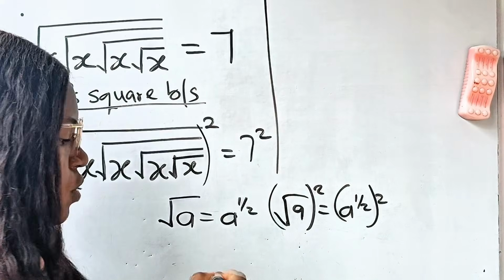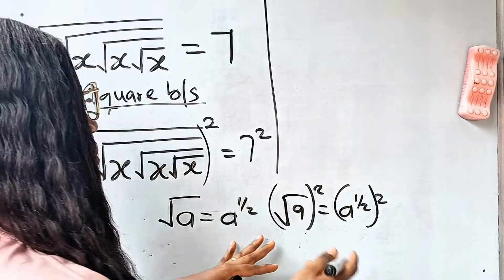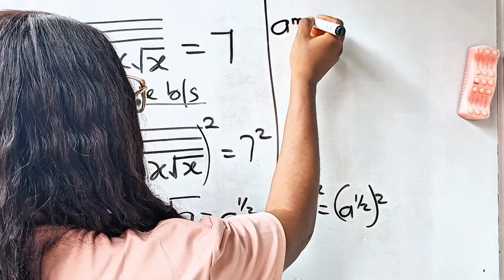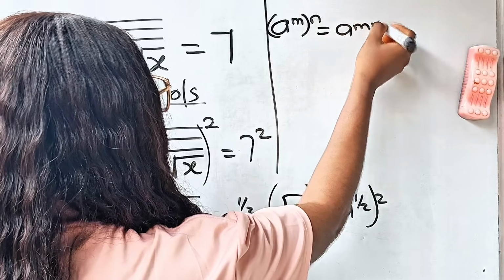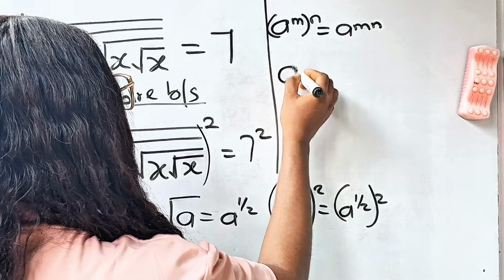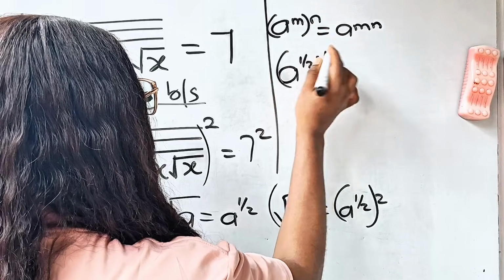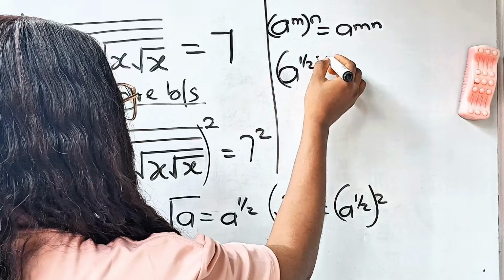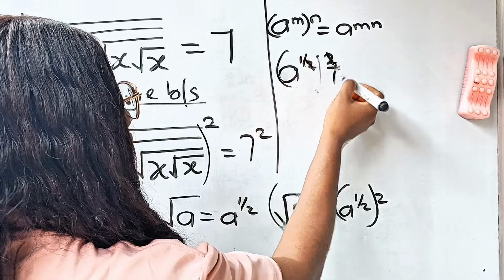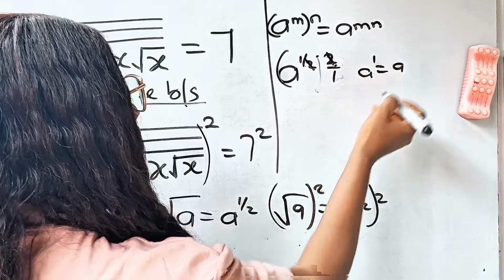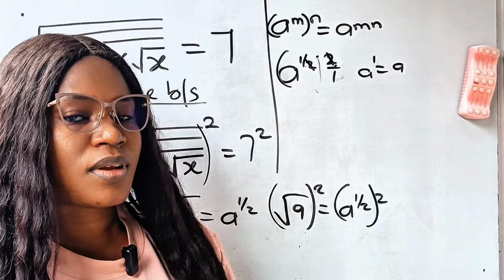And if we use this exponential rule, that a to the power of m raised to the power of n is equal to a to the power of m times n, that means I'll write this as a to the power of half multiplied by 2. Half multiplied by 2, we are left with a to the power of 1, meaning that this is a. I'm explaining this because some of you say I should be explaining that.